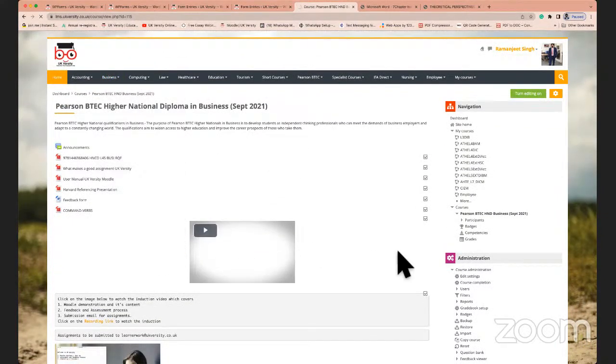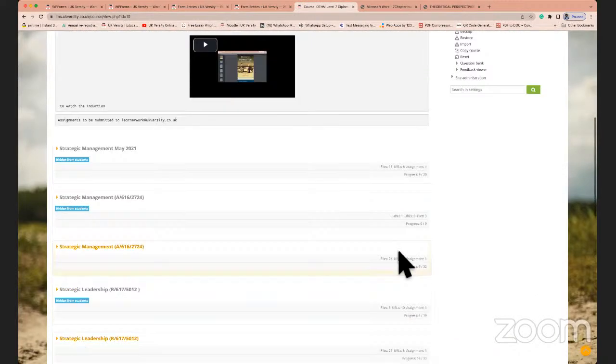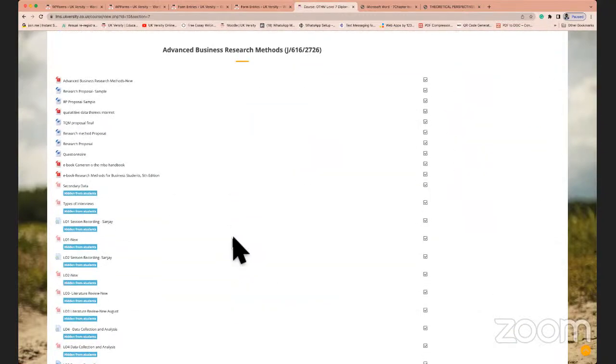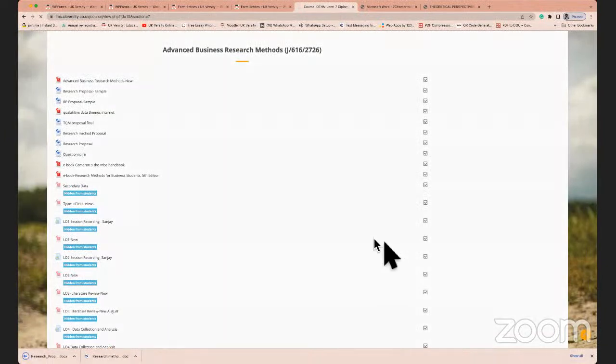That would mean you get approval in principle before you start the research project, so that the proposal and the topic you pick up is appropriate, not very difficult, and not very generic. I would suggest you do so by sending me a Word document at learner work at ukversity.co.uk.